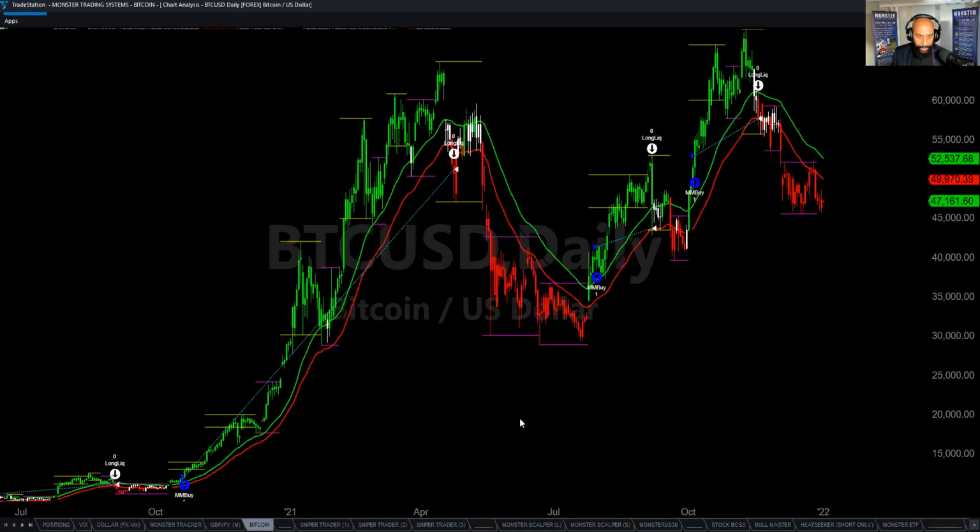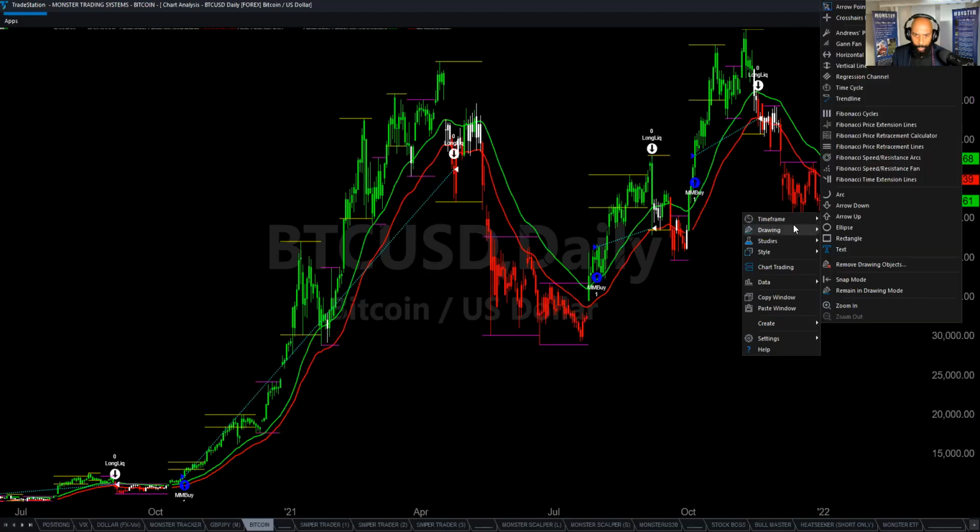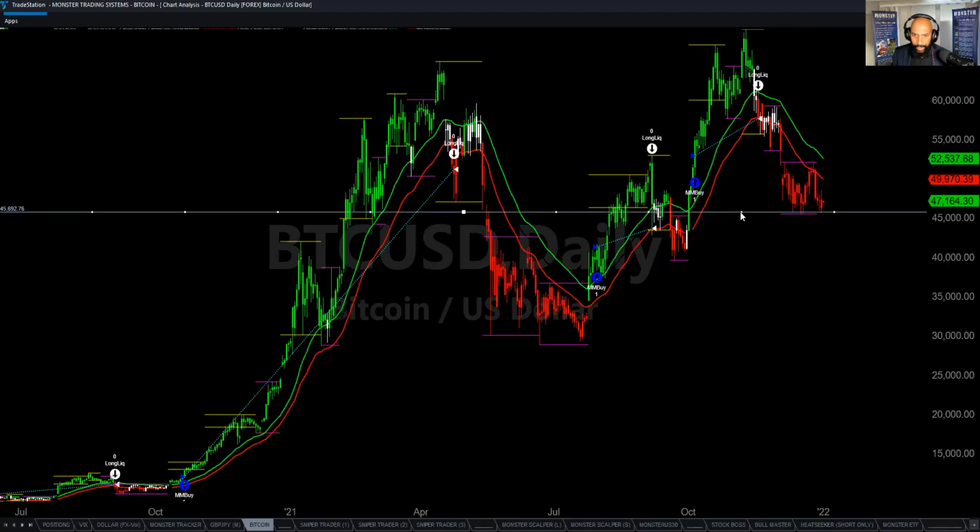On the daily time frame, the major concern, guys, is this area right here of support. So right now, we've got support right here on Bitcoin. Right at 45,000, right here, is Bitcoin.